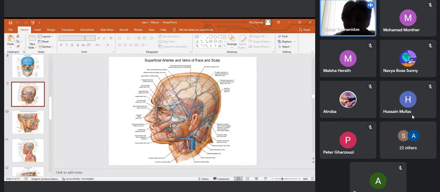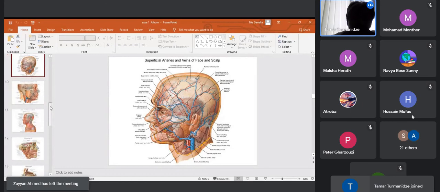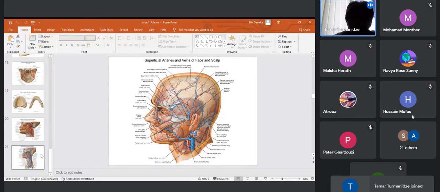But on this level, it gives off the transverse facial artery, which supplies superficial tissues of the parotid masseteric region. In the parotid gland is also located, we have told what?